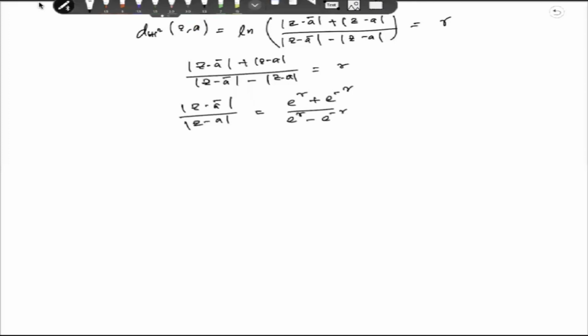This is the componendo and dividendo we have done. Let us take this to be f of r, say. This f of r is a constant, and it is also greater than 1.